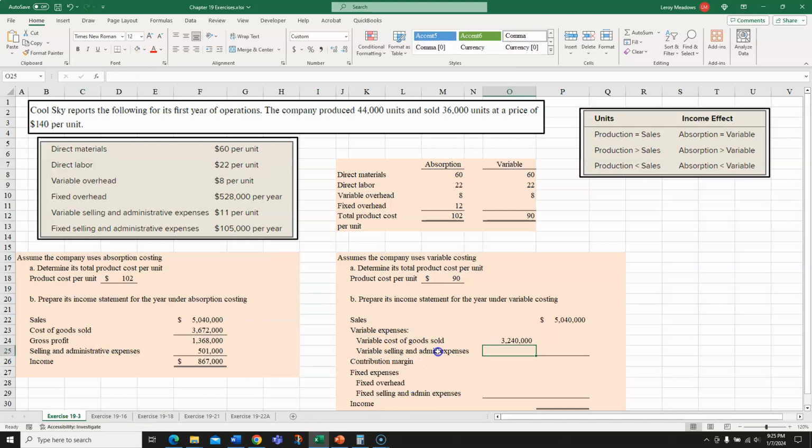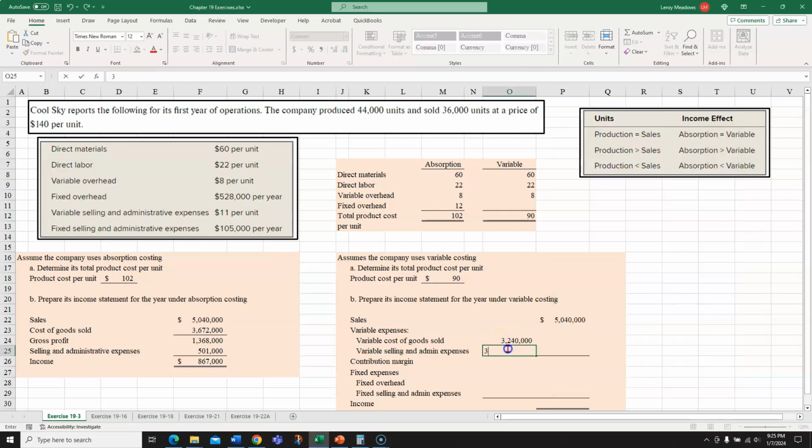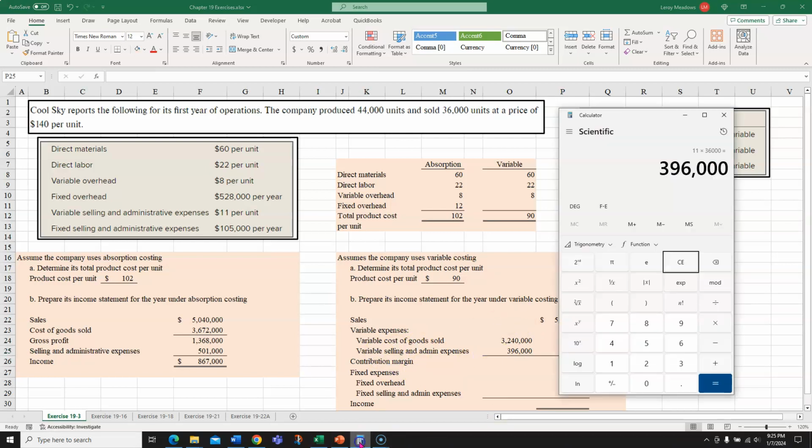And now my variable selling and administrative expenses are $11 per unit times 36,000 units sold, which is $396,000. To calculate contribution margin, I take my sales minus all my variable expenses.